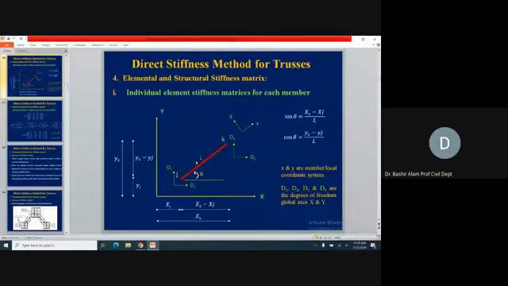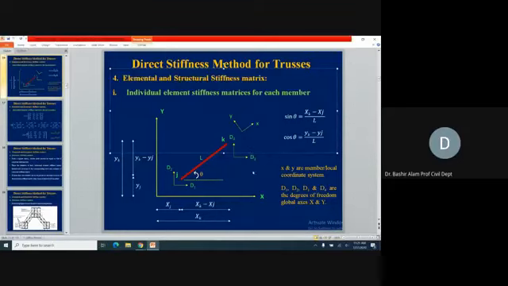And then this was theta. This is actually cos theta, and this is sin theta.